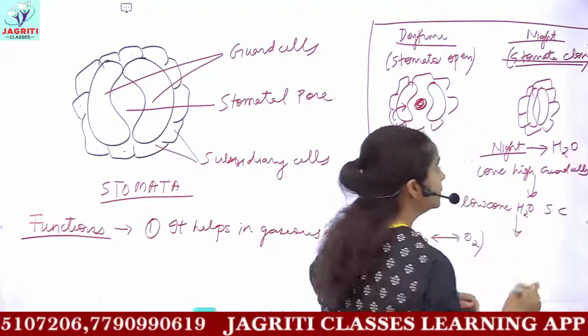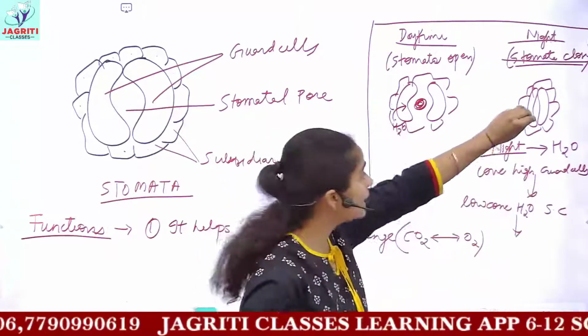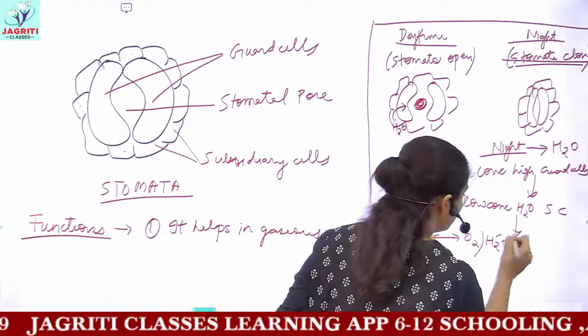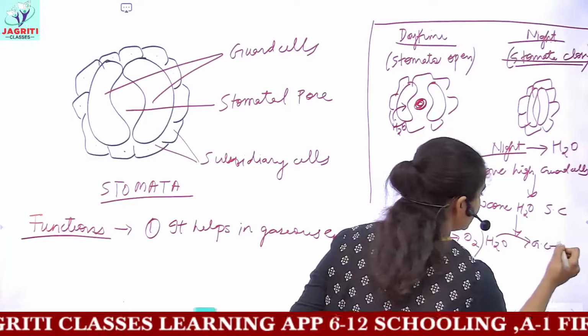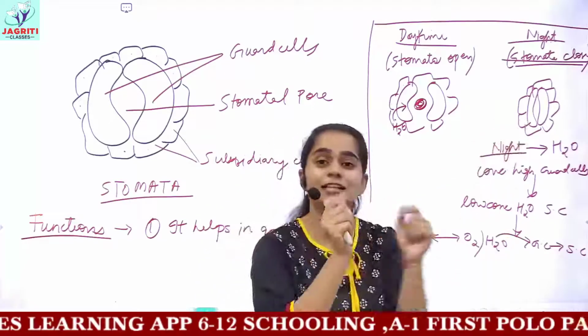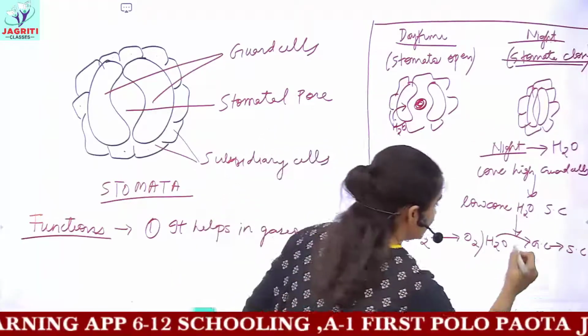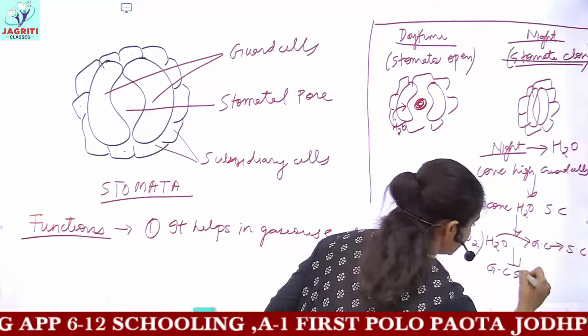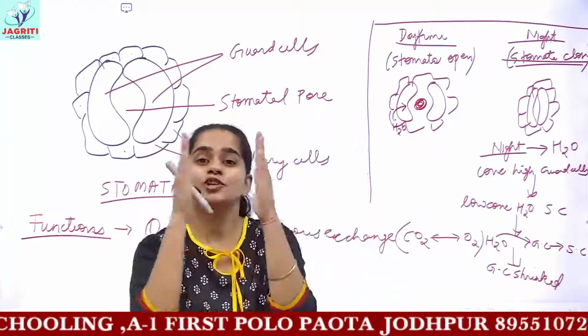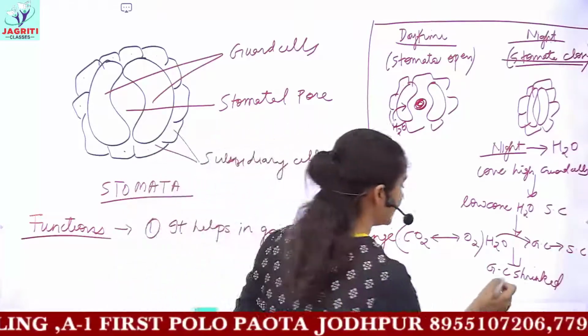As a result, water moves out from the guard cells into the subsidiary cells. And when these guard cells lose their water, they shrink up and as a result, stomata gets closed.